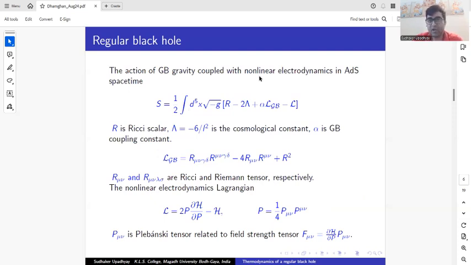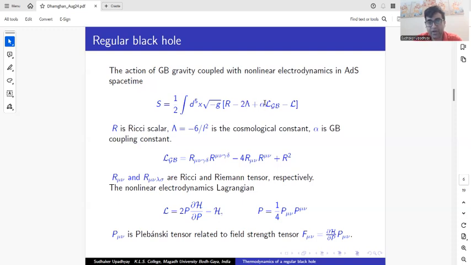So we start with a description of gravity coupled with nonlinear electrodynamics and the Gauss-Bonnet term. This is a higher dimensional gravity, so we consider five dimensions. Here is the Ricci scalar, and this is the cosmological constant term.